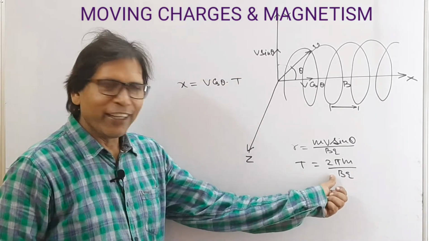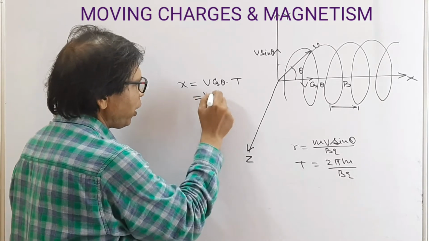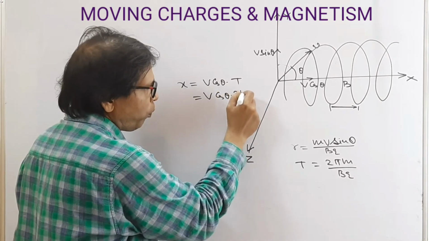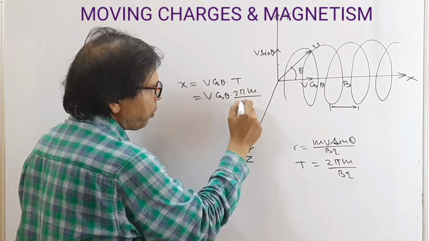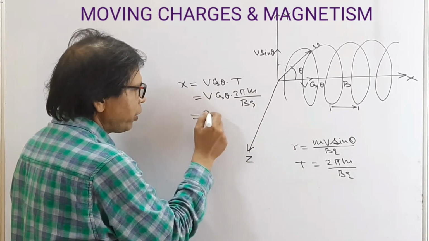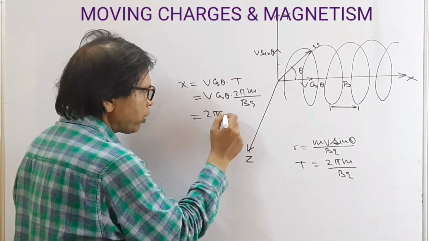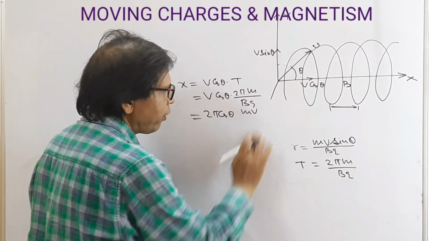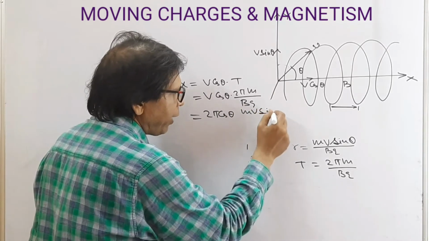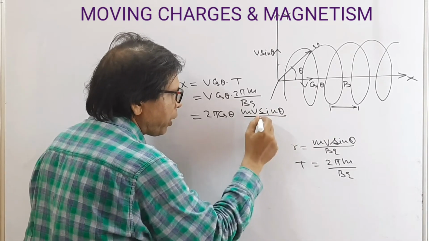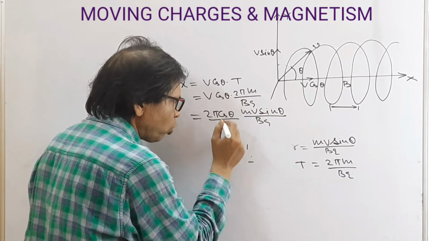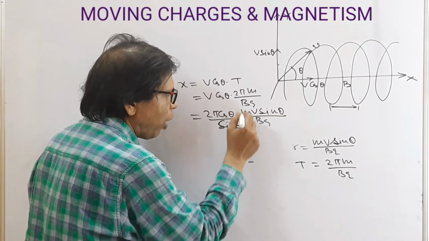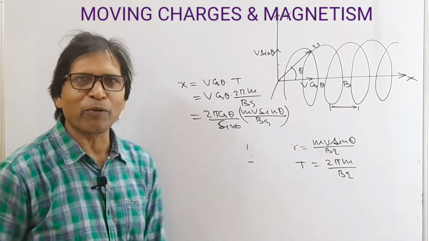What is T? T is this. So this is v cos theta into 2 pi m divided by Bq. Now this is 2 pi cos theta times mv sin theta divided by Bq, and this is also divided by sin theta. Now this is the radius of the circular path.